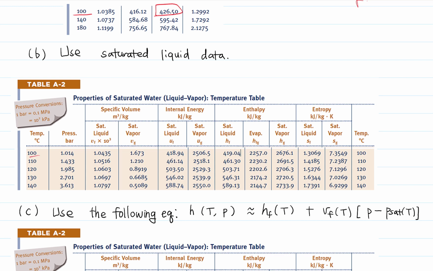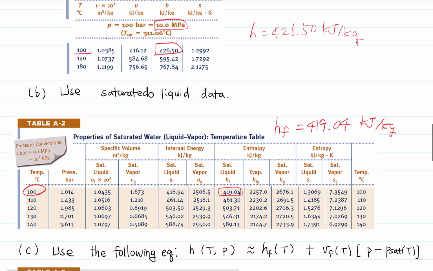At 100 degrees Celsius, the enthalpy at saturated liquid is 419.04. As you can see, there's a slight difference between the enthalpy in saturated liquid and compressed liquid states.